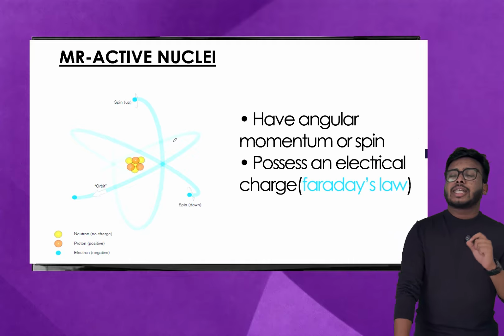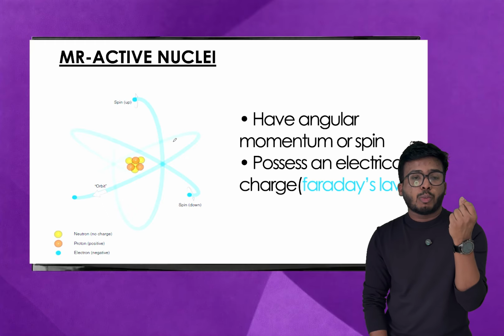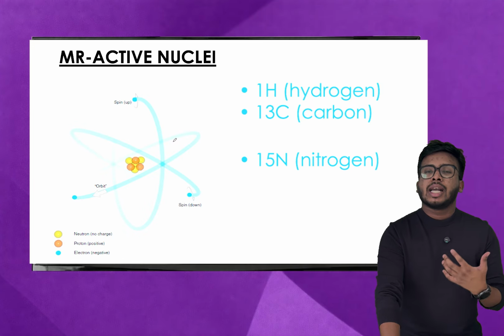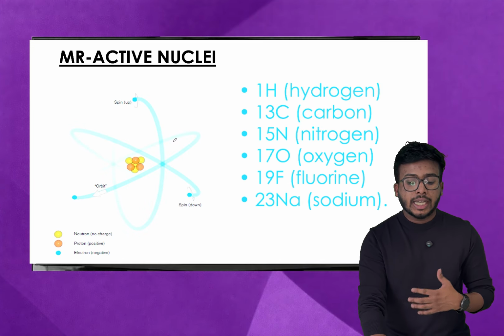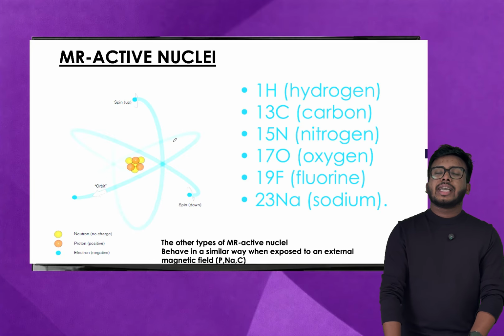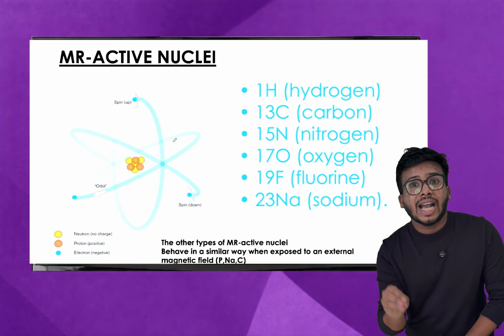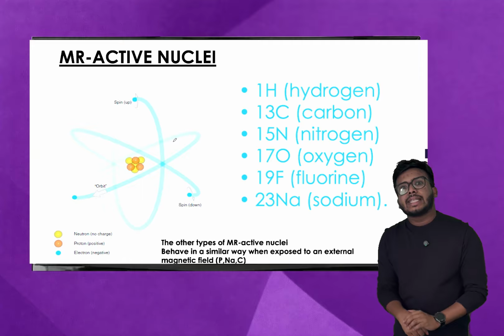To get a net angular momentum, it should have net spin or it should possess electrical charge. Clear? Hydrogen 1, carbon 13, nitrogen 15, oxygen 17, fluorine 19, sodium 23 can be used as MRI active nuclei. But in the clinical scenario, we are using hydrogen. Why only hydrogen? Because of its abundance.